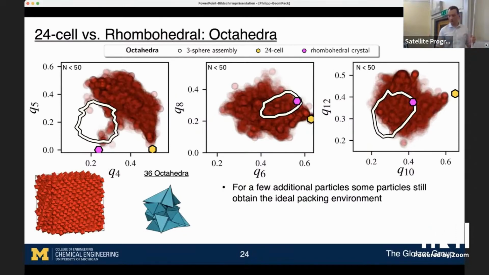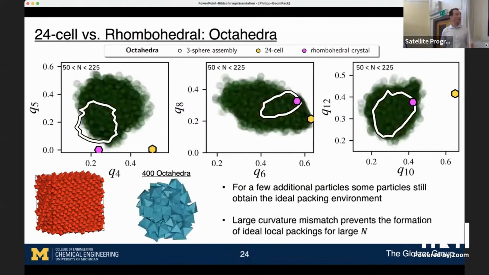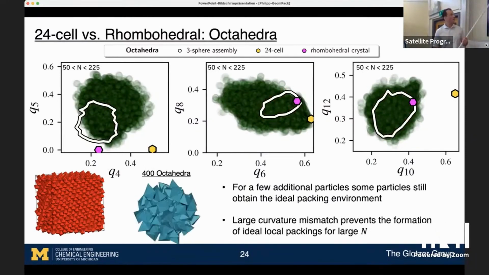However, if you go further than around 50 particles, you can see that suddenly the system, and I think this is again a video, detaches from this region.